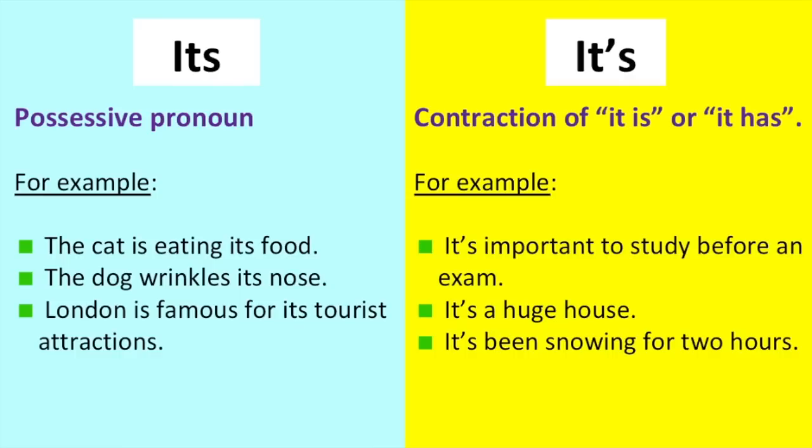If you're ever confused about which it's to use, then think about whether the sentence would make sense if you included it is or it has. If it makes sense, then include the it's with the apostrophe. However, if the sentence doesn't make sense with it is or it has, then you know you have to use the possessive pronoun its.